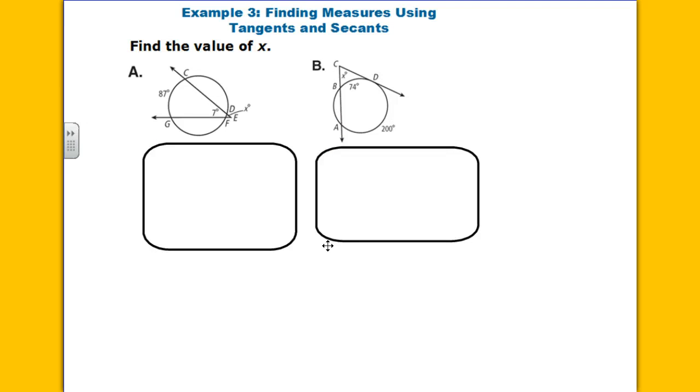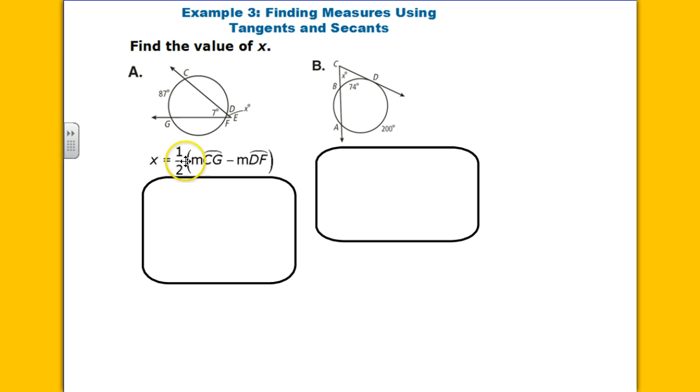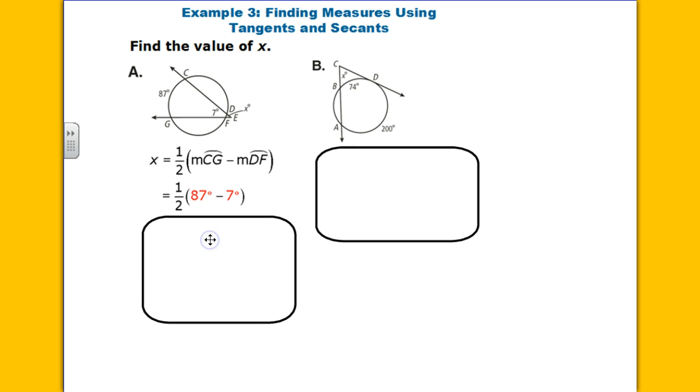So let's try this. Find the value of X, this little angle DEF in here. Okay? So using what we just saw, we're going to take 87 degrees, subtract 7, and divide by 2. Because X equals half of major arc minus smaller. So half of 87 minus 7 is 40 degrees.